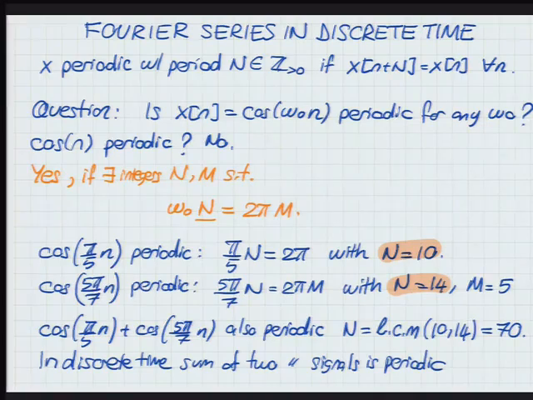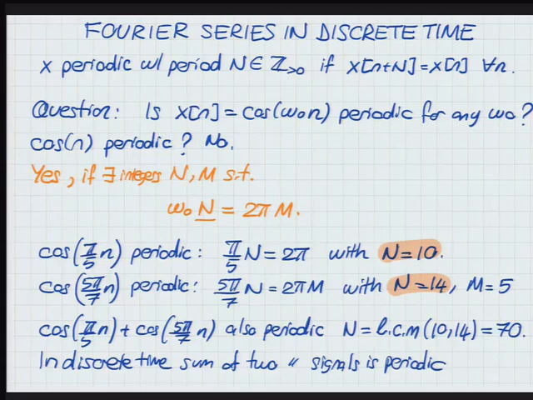In contrast, in continuous time, I didn't have this. Cosine anything t is periodic no matter what. There I didn't have to have this condition. So this condition here at the top, the one in orange, front-loads the issue that we saw in continuous time that made the sum not necessarily periodic. So that is gone by definition of periodicity in discrete time. Therefore, when you add two discrete time periodic signals, it's automatically periodic. All right? Good?